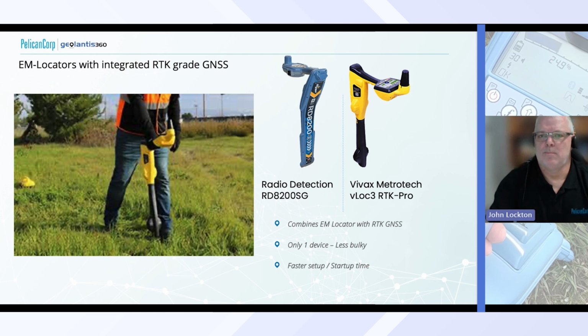So the two bulbous additions to these two devices are where the GNSS sensor are located. And what does this provide? I suppose one device, rather than carrying two, they're less bulky, less cumbersome, faster setup, easier startup.